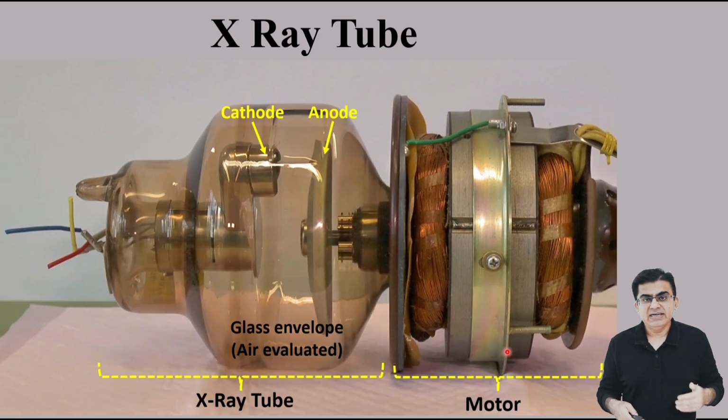This simple spinning design protects our X-ray tube from melting and greatly extends its life. So this is how an X-ray tube looks from outside. Now let us go inside this tube and see how these parts work together to create X-ray radiation.